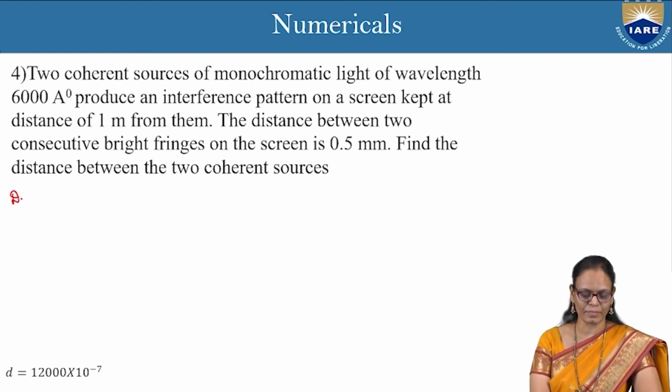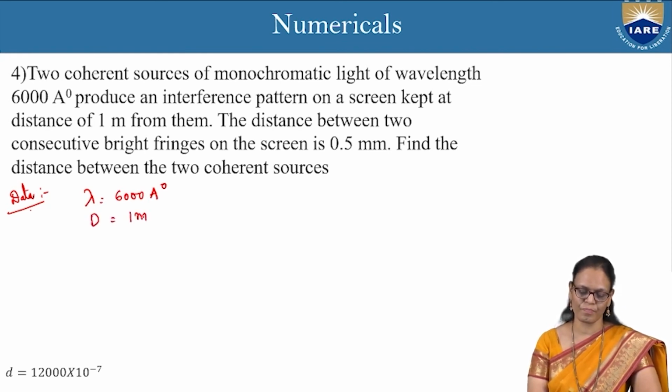So write the data. Lambda is 6000 angstrom. Capital D is 1 meter. Distance between consecutive bright fringes, that is beta, is 0.5 millimeter.